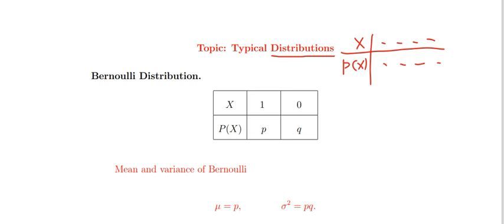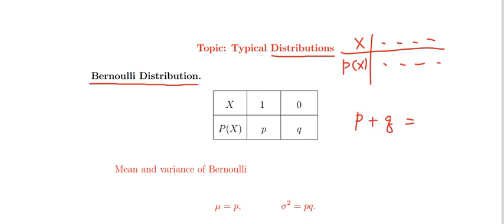So the simplest distribution is the 1-0 distribution. We call this 1-0 distribution a Bernoulli distribution. X can be 1, x can be 0, and the probability for x equals 1 is p, and the probability for x equals 0 is q. So here p plus q should be 1.